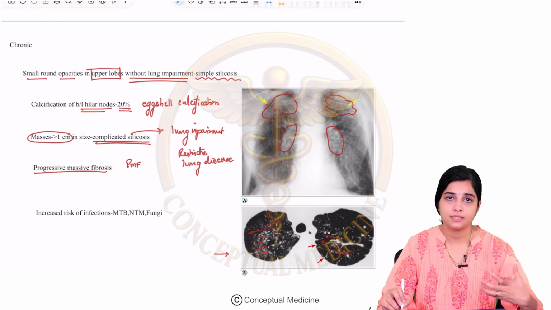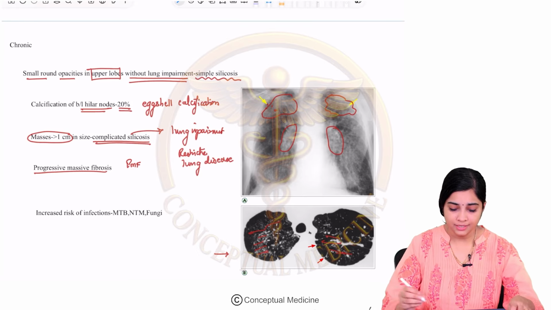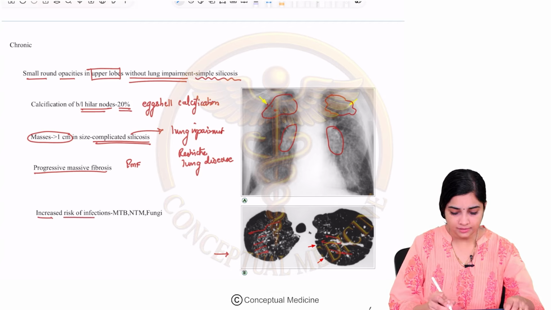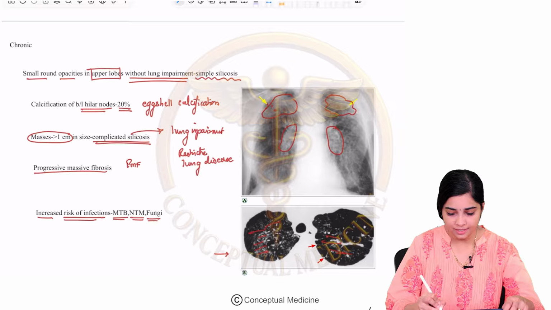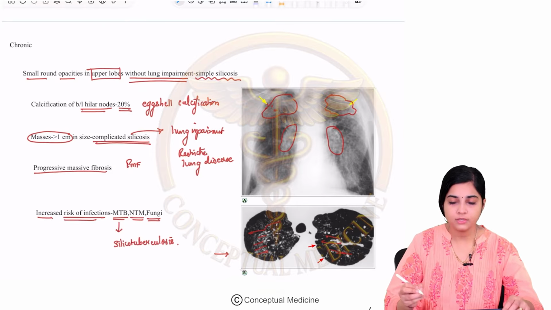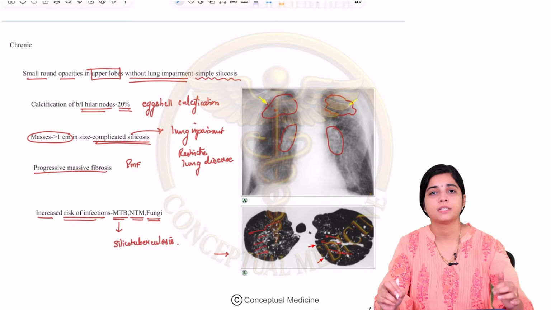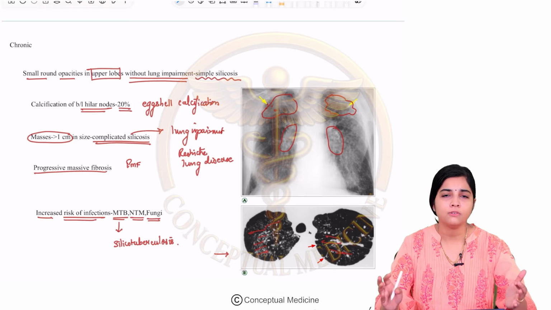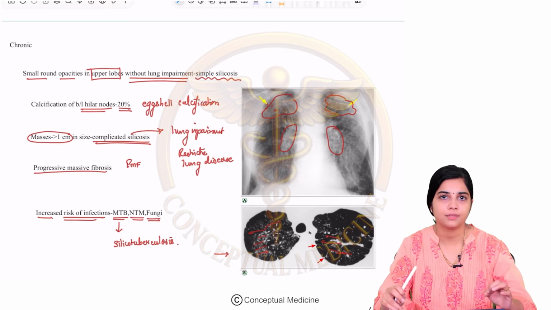Always remember that silica results in cavitatory lesions as well, and there is an increased risk of infections, especially with TB, non-tuberculous mycobacteria and fungi. This is what we call silicotuberculosis. So always remember that long-standing silica exposure can be associated with an increased risk of tubercular infections as well.